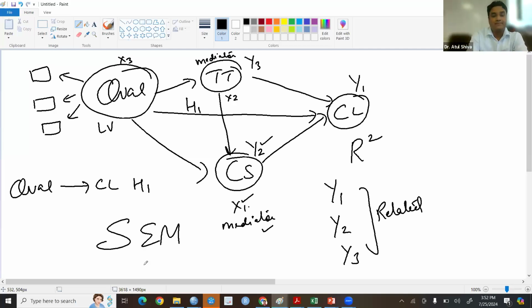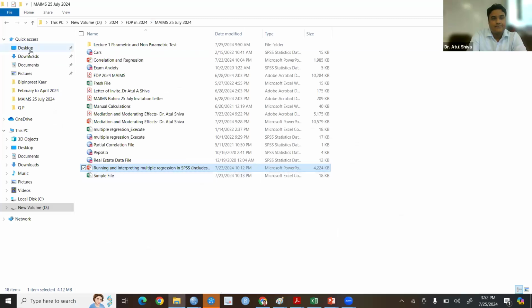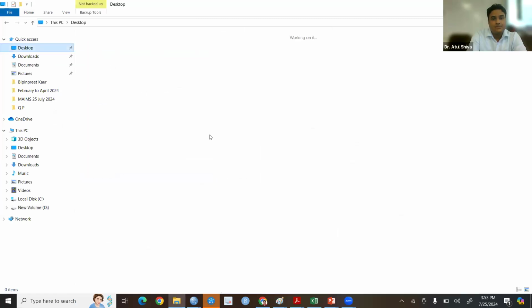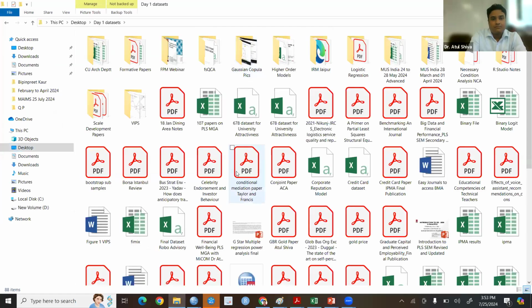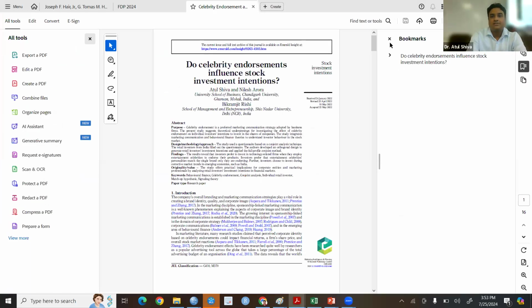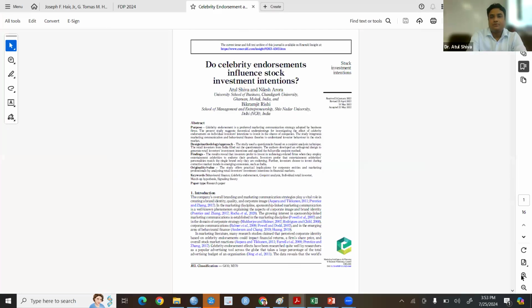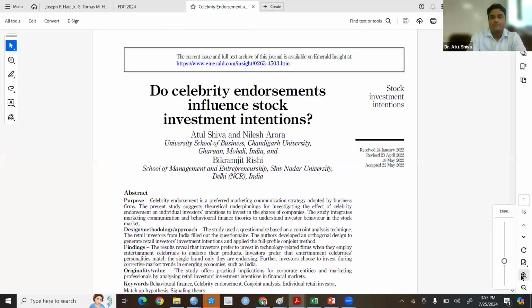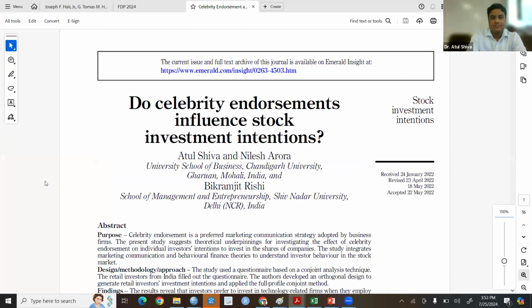Let me read one paragraph and show you. This is one paper on celebrity endorsement and stock investment intentions, right?